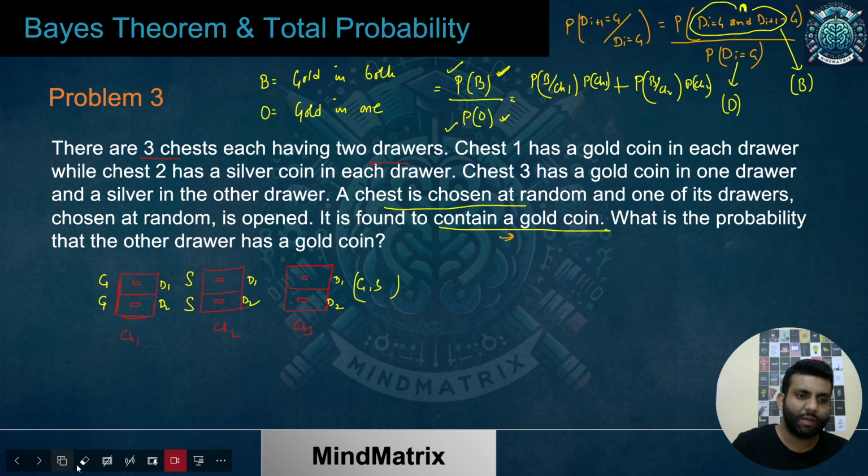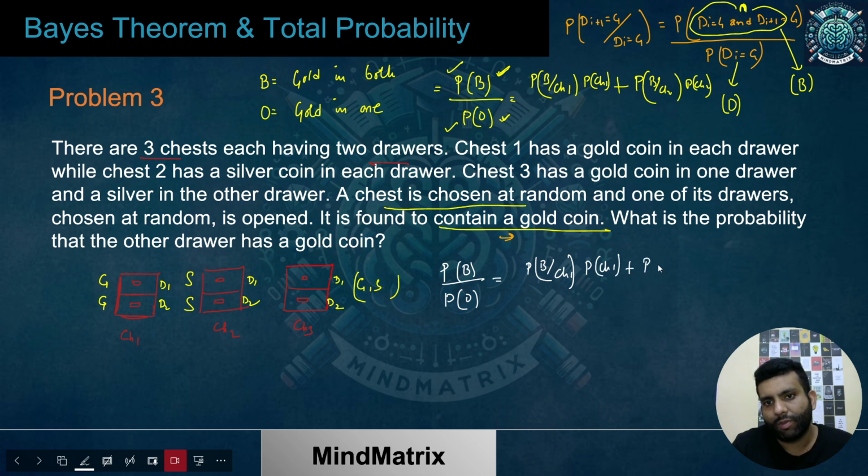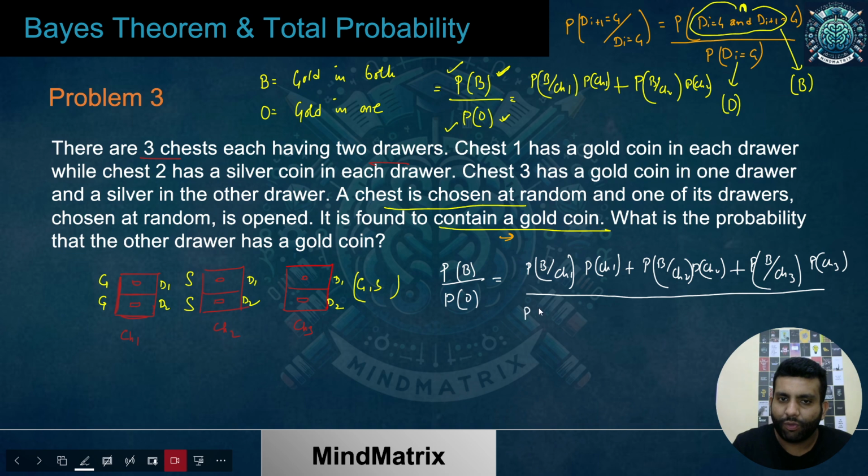PB by PO is what I'm exactly looking for: the probability of event B divided by the probability of event O. This is the probability of B given the chest chosen was chest 1, times the probability of chest 1, plus P of B given chest 2 times the probability of chest 2, plus the probability of both gold coins given that the chest chosen was 3, times the probability of choosing chest 3, divided by the same stuff: P of O given CH1 times the probability of CH1.